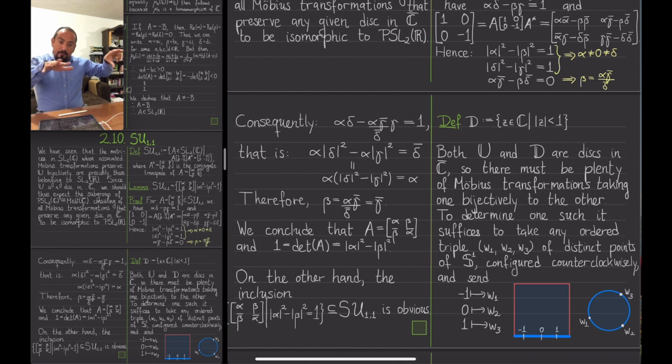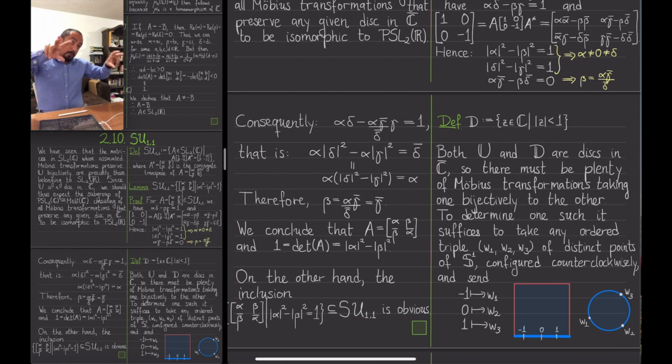Just carefully arranged so that, for instance, going counterclockwise inside U, following those 3 points, corresponds to going counterclockwise on the circle following those 3 points, so that indeed U is mapped onto this, right?